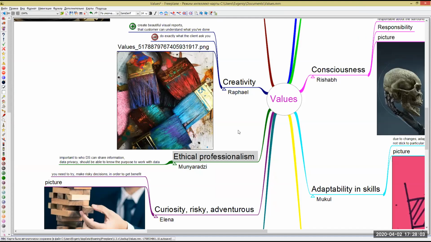Well, maybe we can pre-process data somehow to make it less traceable to which person it belongs. Yes, that's some technical activity that can be done.